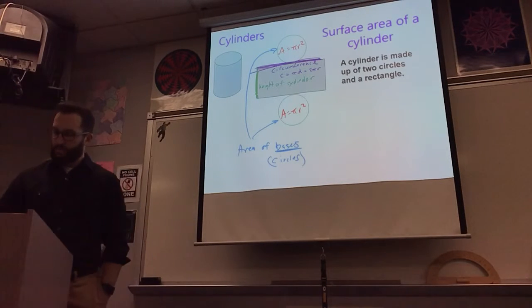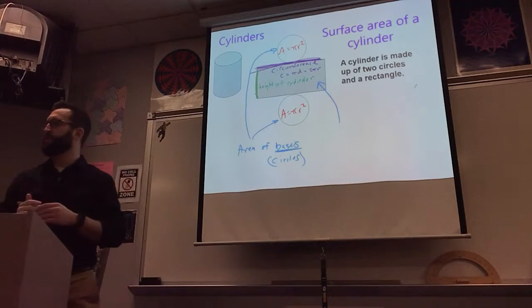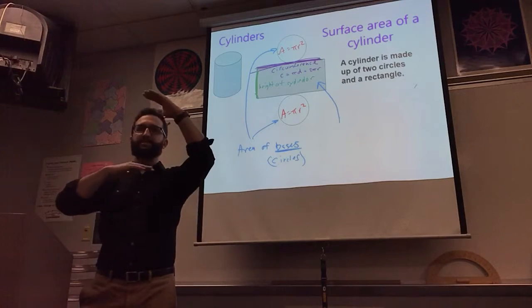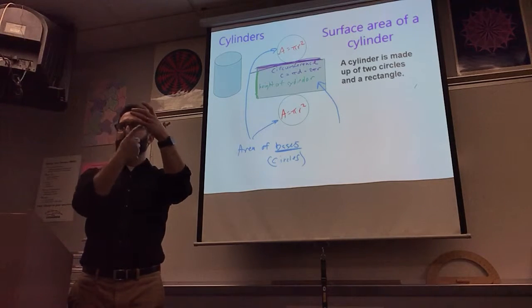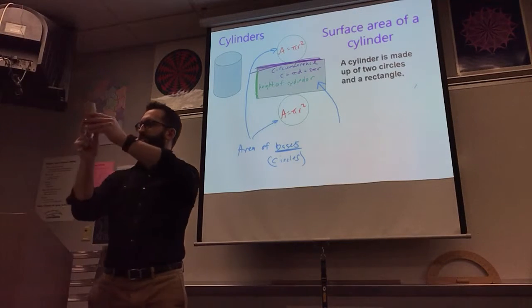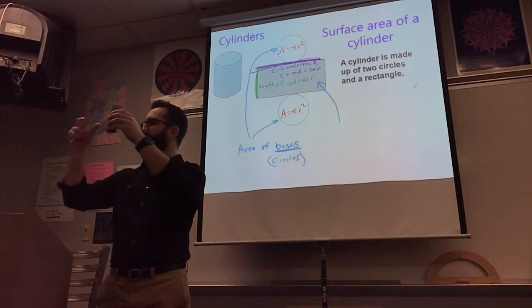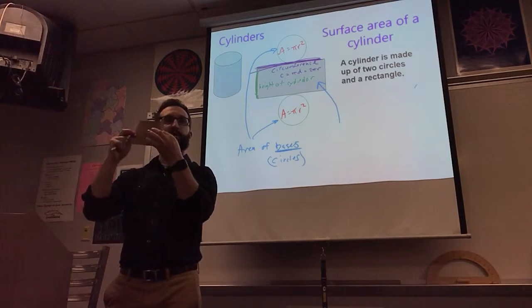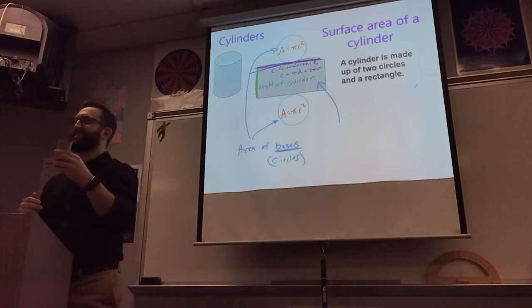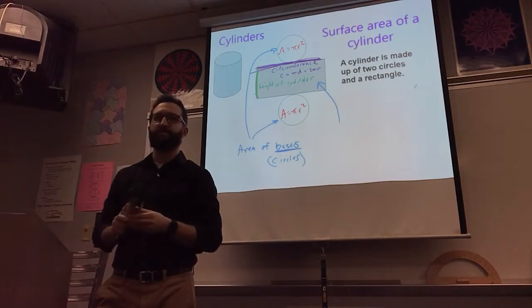And then what do we have? Anybody remember what the area of the sides is called? The mathy term for it? You have the area of the bases, and then you have the lateral area. Everybody say lateral area. You can see it on the bottom of your notes. Did you see the last problem, how it says find the what?